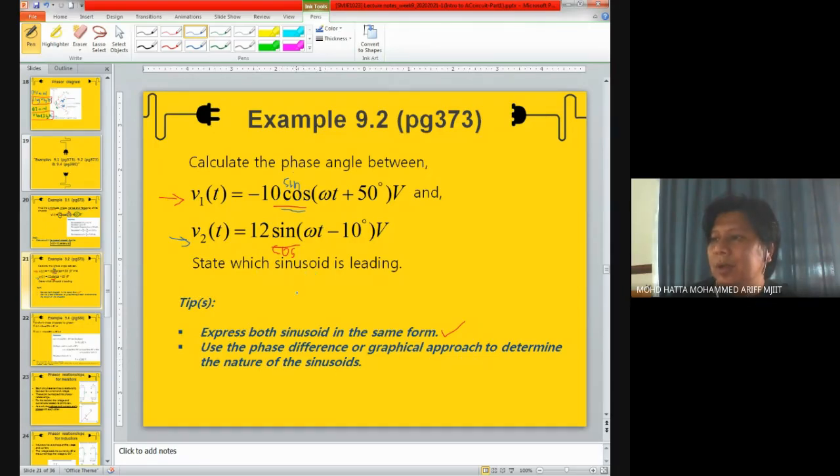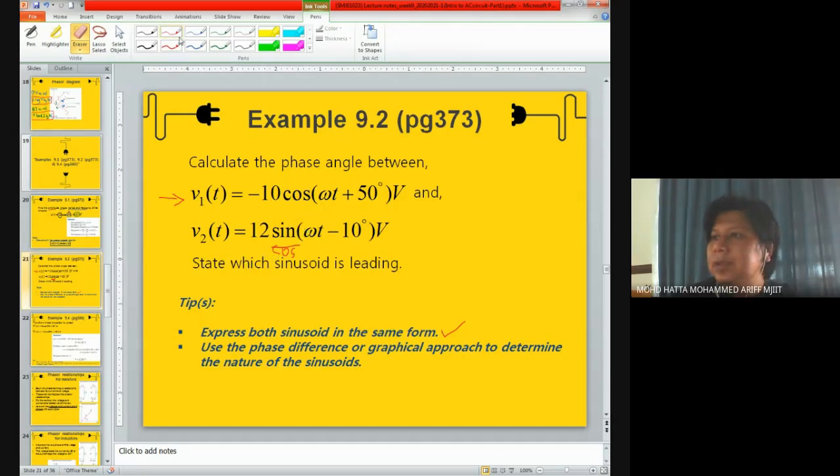Let's make one example. Let's say this is the reference that we desire. It means that V1, negative cos omega t plus 50, is taken as our reference. To compare these two, you need to convert V2 into a cos equation. So let's say V2 has already been converted.